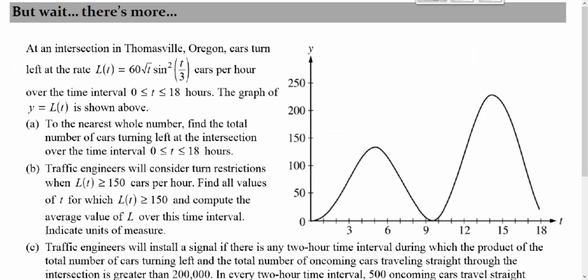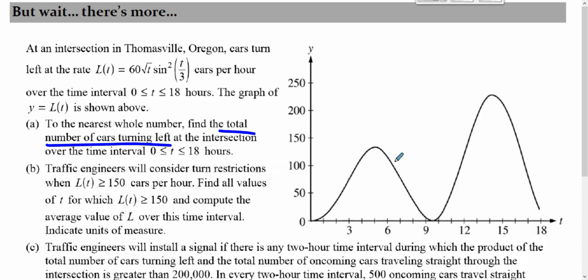Similarly, something like this could show up on your final exam, and it wouldn't be too crazy terrible. So this is the rate at which cars turn left at a particular intersection, and we're looking for the total number of cars turning left.